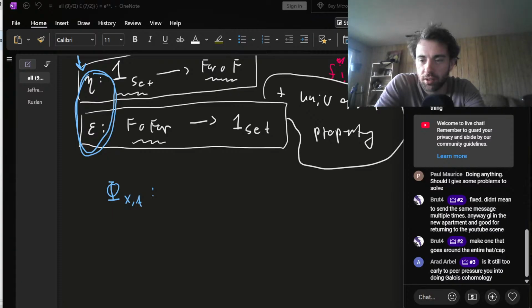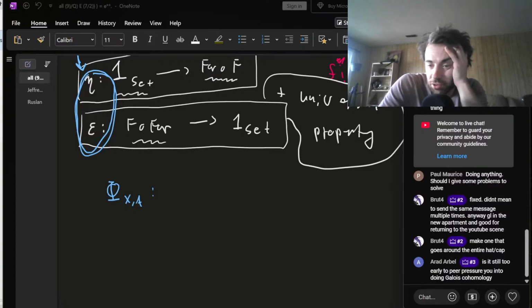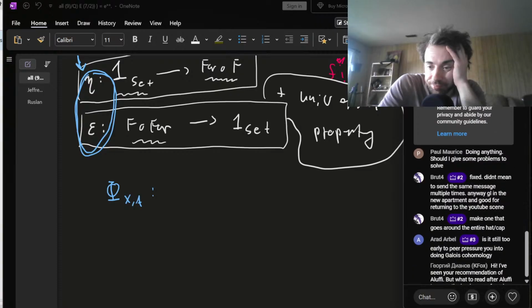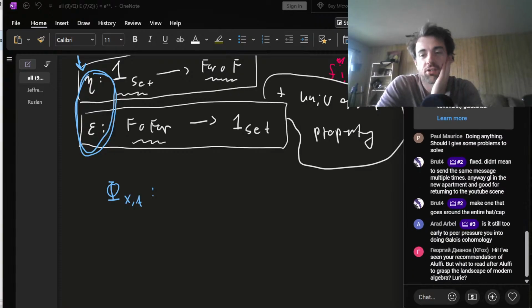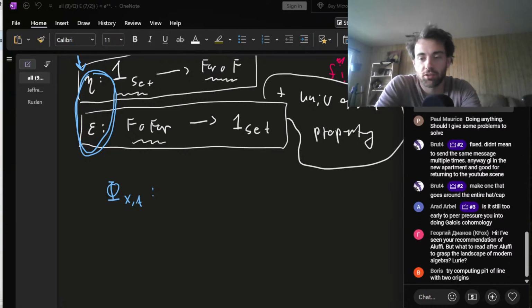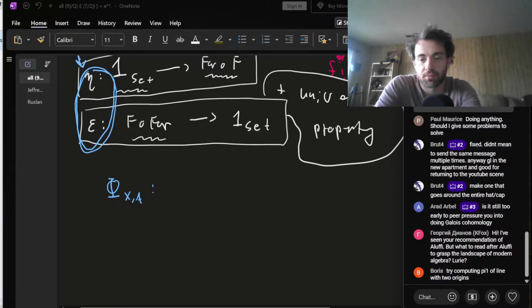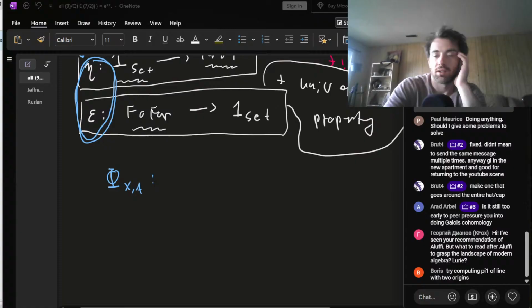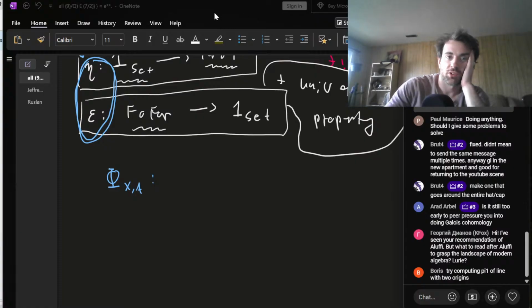Make one that goes around the entire hat. Oh, interesting. I'd have to see about that, because I was just making an account on Bonfire, and I don't know if I have the ability to make something go all the way around the hat. I guess we could do Galois cohomology. I just can't. Pi one of the line with two origins.